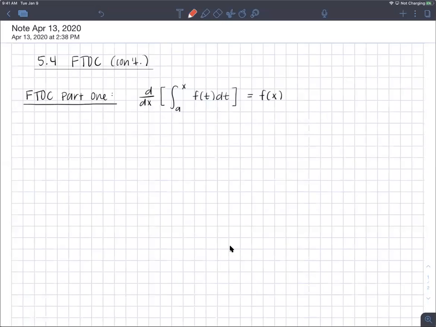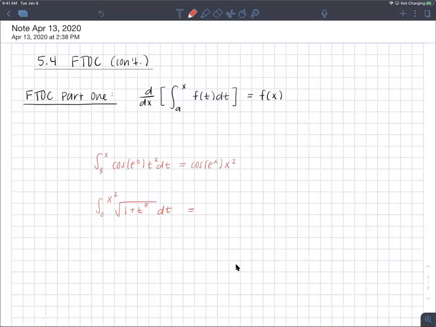So we did an example where we found the derivative of the integral from 3 to x of cosine e to the t squared dt. And we found that this was cosine e to the x squared, right? But then we did an example where we found the derivative of the integral from 0 to x squared of the square root of 1 plus t cubed dt.